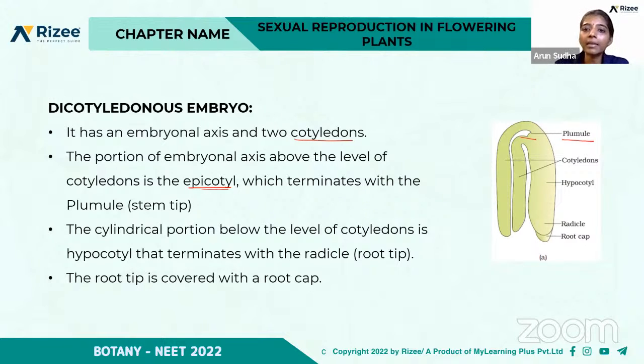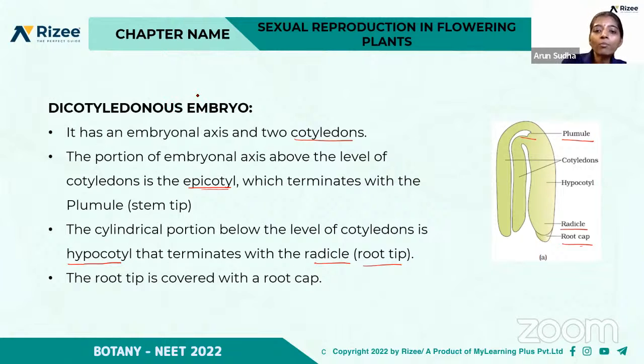And then the cylindrical portion which is below the cotyledon is called the hypocotyl, which terminates with the radicle or the root tip, and that is covered by the root cap. So this is in the case of a dicotyledonous embryo, right?